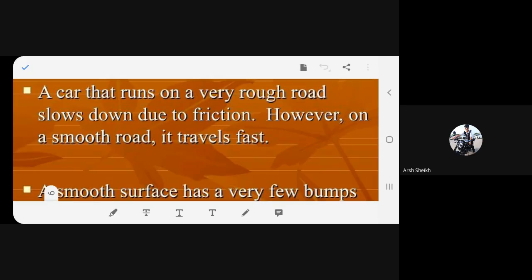At times you fall, you slip. Why? Because the floors are polished and very smooth. So friction is less and we may slip. You understand now? That's the reason you have grooves on your shoes, to increase the friction so that you don't fall. Do you understand? Yes, ma'am.